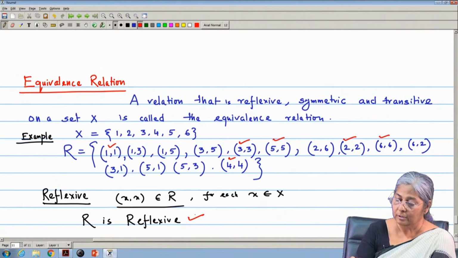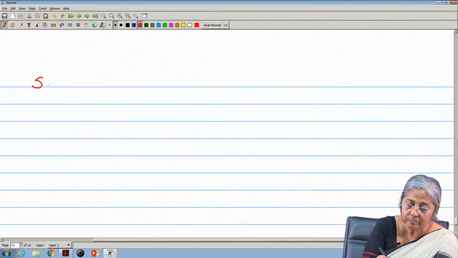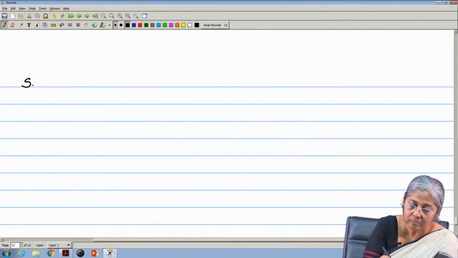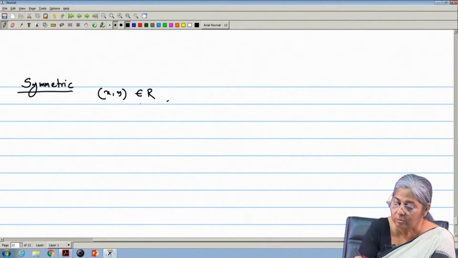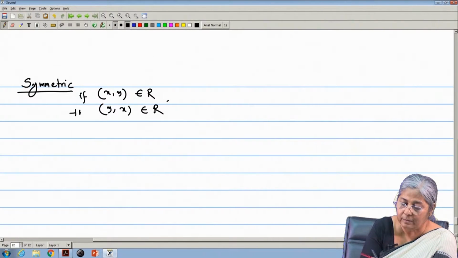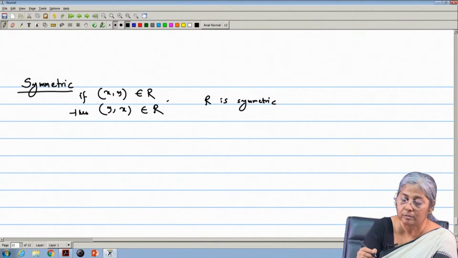Now, we check for symmetric. If (x,y) belongs to R, then (y,x) also belongs to R, then R is symmetric. Now, we check for that.